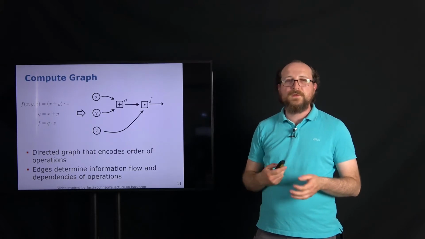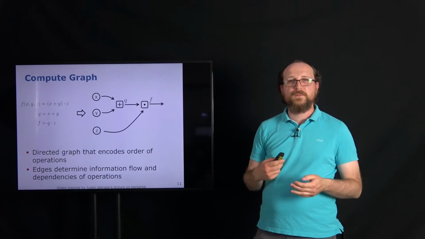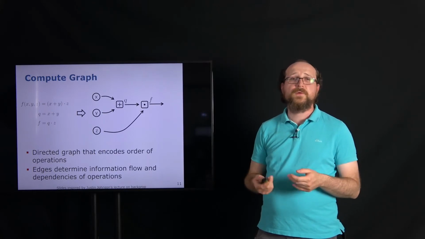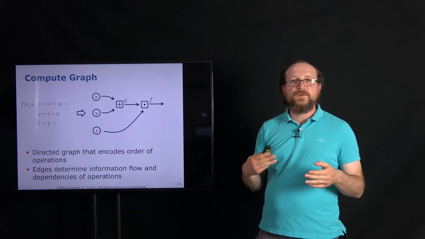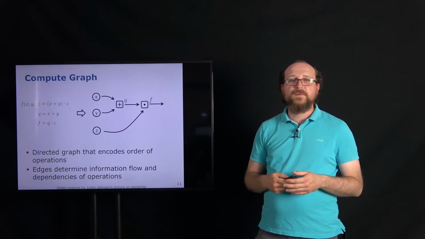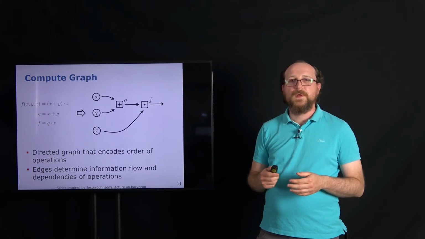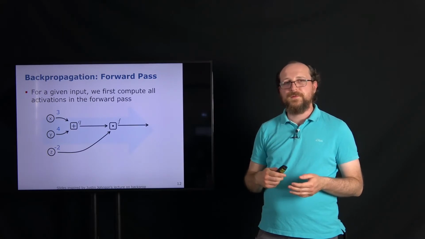And using this compute graph, we can now determine in which order we have to apply operations, but we can also determine in which order or which direction we have to compute the partial derivatives for our chain rule. For a given input, we first compute the outputs.